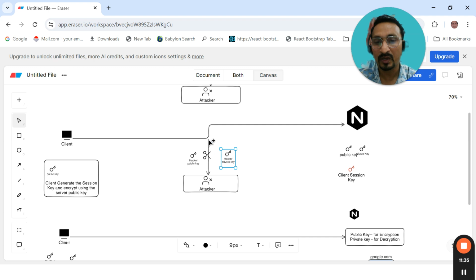So the next time the client uses its secret key to encrypt the data and passes it over the network, since the attacker already has the client secret key, the attacker will be able to interpret the data, and the attacker is getting all the information, all the credentials of the client.